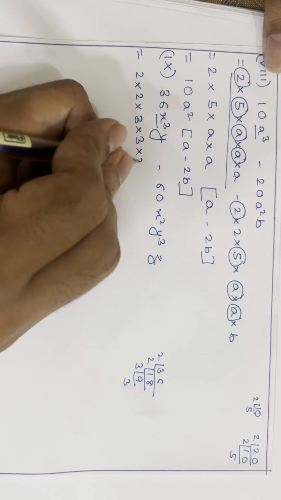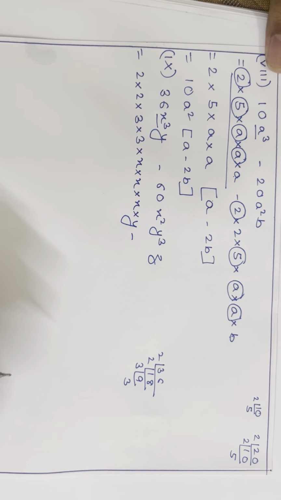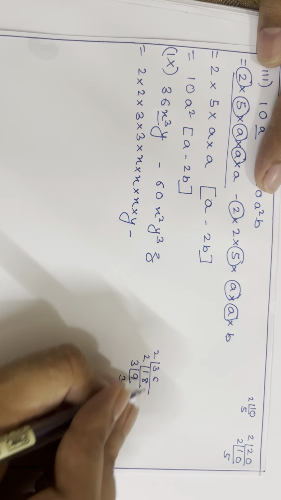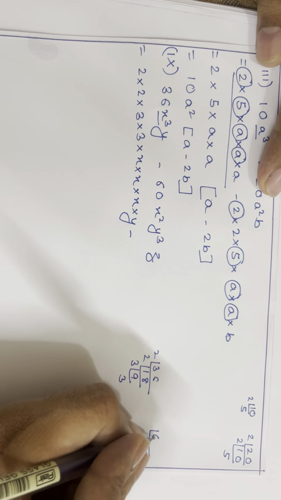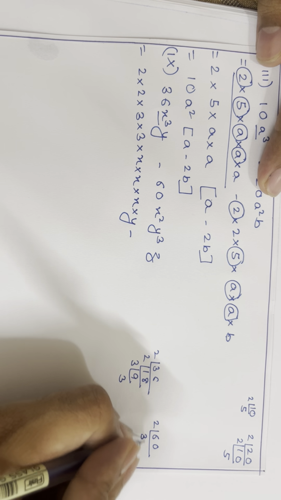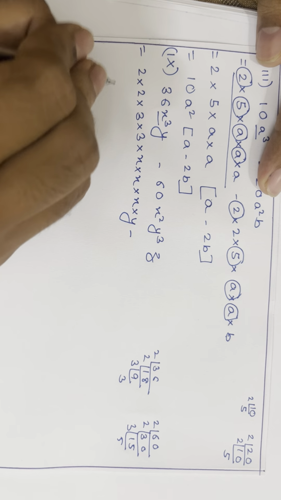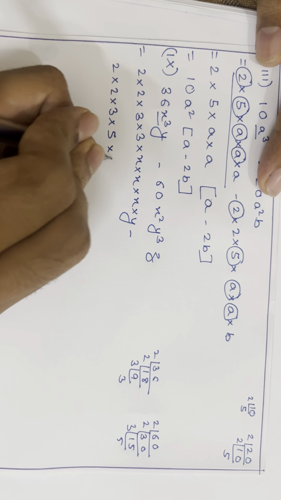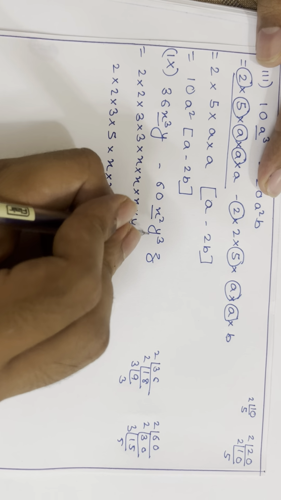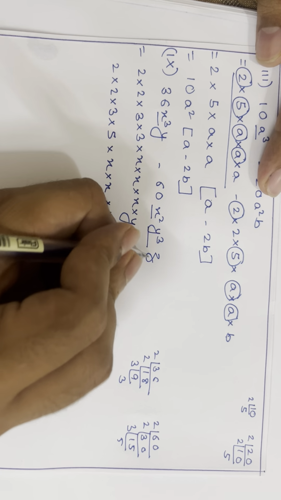X cube means 3x will come and 1 y will come. Now let's talk about 60. How will we write 60? 60 is 2 30 times, 2 15 times, 3 5 times. 2 into 2 into 3 into 5. X square means 2x will come, y cube 3y and 1z.